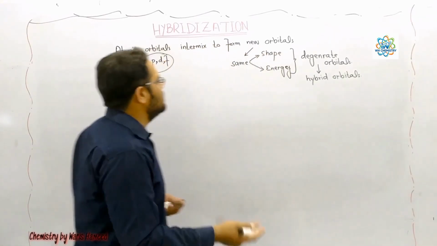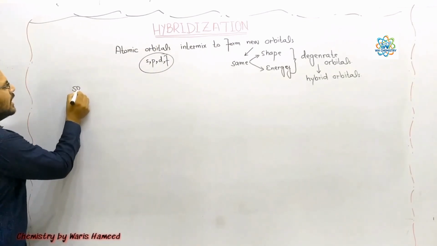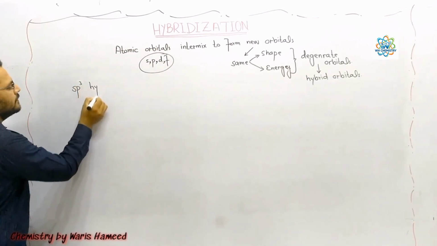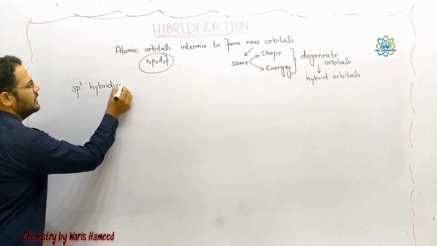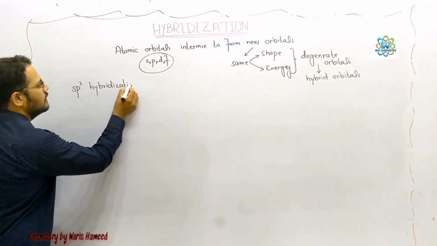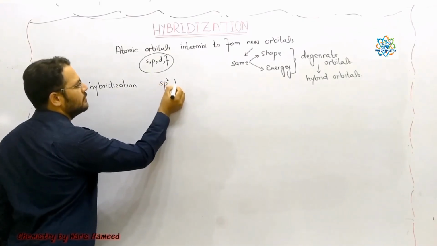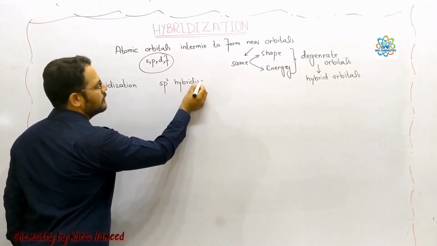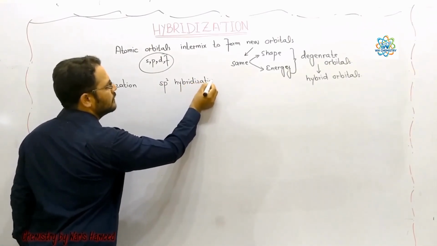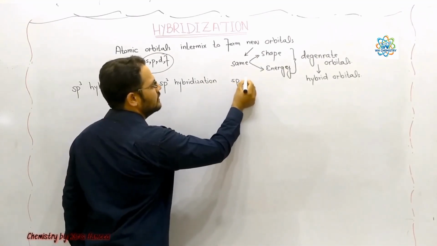It has different types, like first is sp3 hybridization, second is sp2 hybridization, third is sp hybridization.